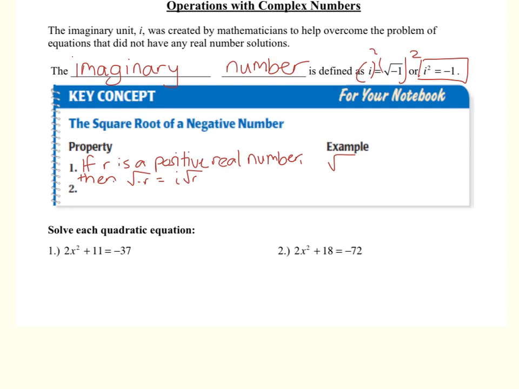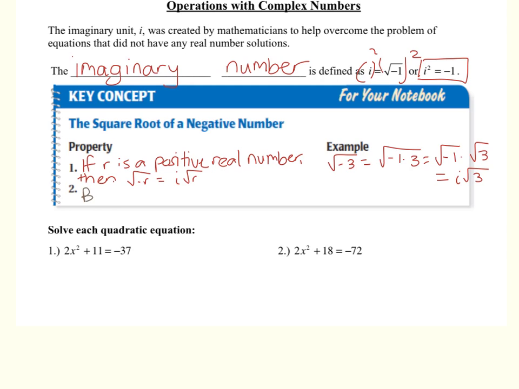For example, if we have the square root of negative 3, we can think of that as the square root of negative 1 times 3. By the product property of radicals, I can break that down into the square root of negative 1 times the square root of 3, and we've just defined above that the square root of negative 1 is equal to i. So we get i square root of 3.